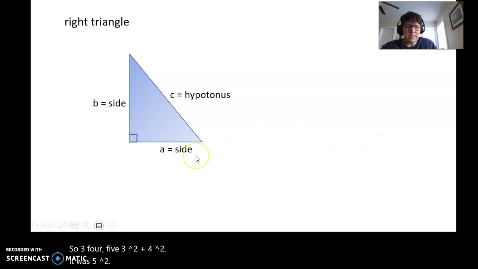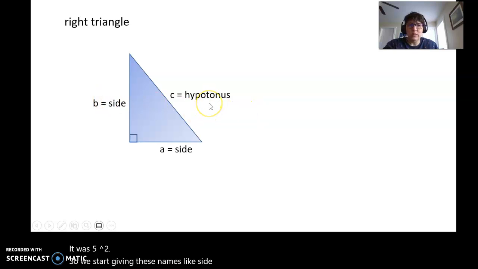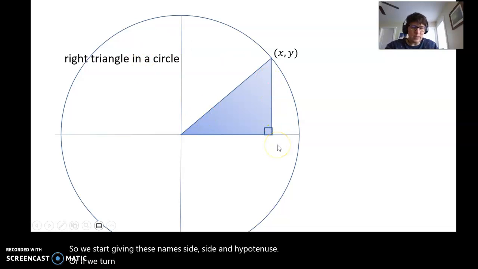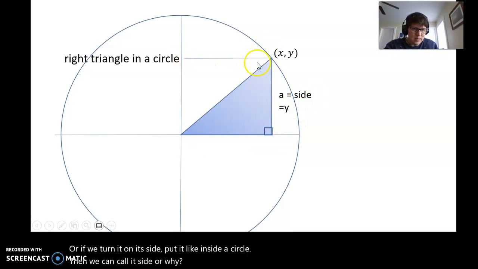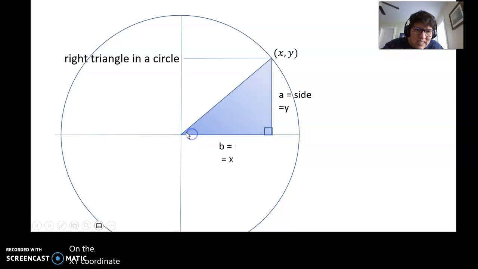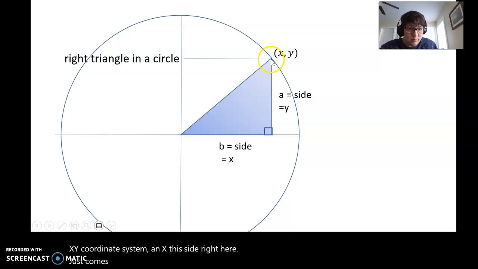So we start giving these names like side, side, and hypotenuse. Or if we turn it on its side, put it inside a circle, then we can call it x side or y side, because it reaches the y on the XY coordinate system. And X, this side right here, just comes from where it reaches.